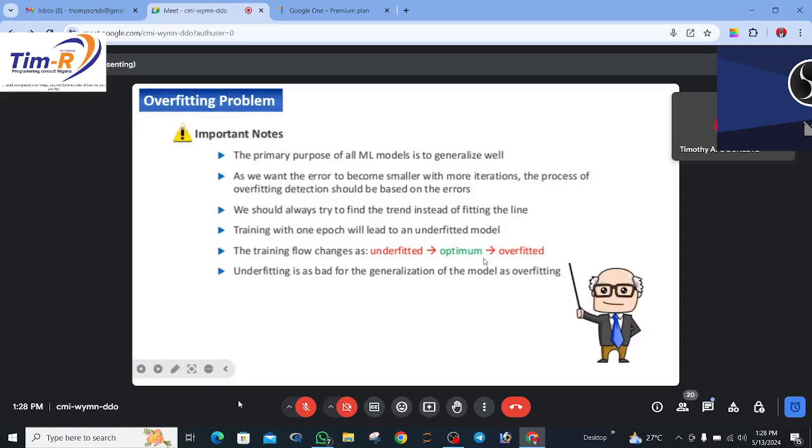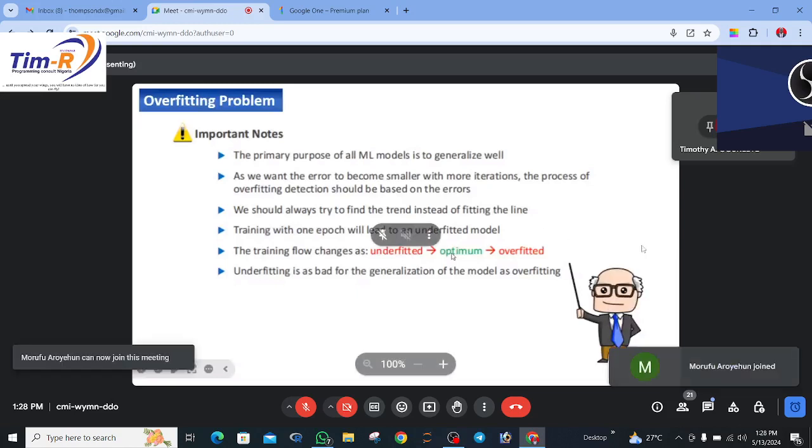So this is the flow from underfitting to optimum to overfitting. Underfitting is as bad for the generalization of the model as overfitting. None of it is good.